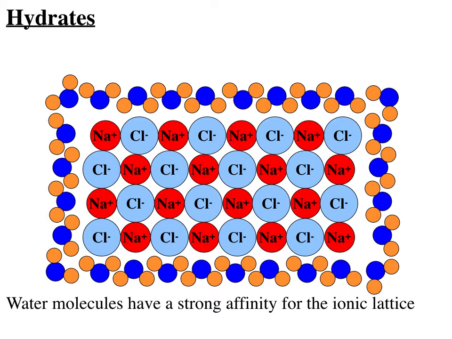Now we will have more to say about that in upcoming slides. What I want to focus on here with the idea of the hydrate is, let's suppose we put this chunk of sodium chloride into just the air. But the air isn't simply made up of just nitrogen and oxygen.